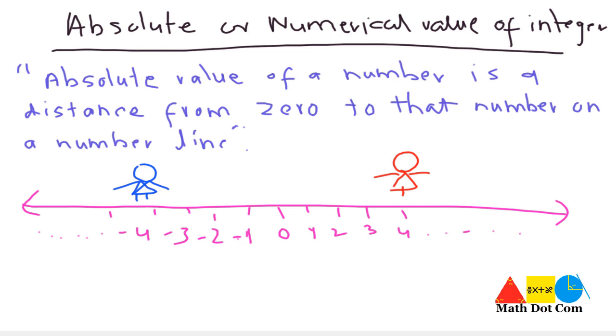So this person, a person in blue, has covered a distance of 4 meters, for example, if the number line is in meters. And the person in red has also covered a distance of 4 meters.